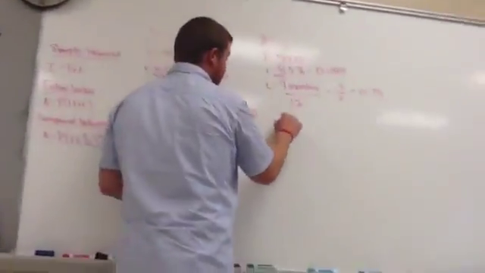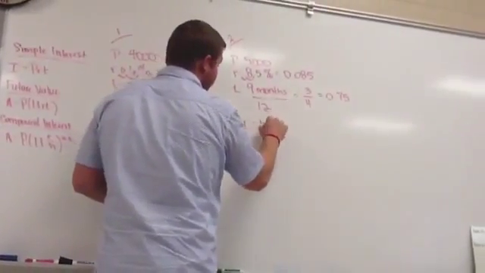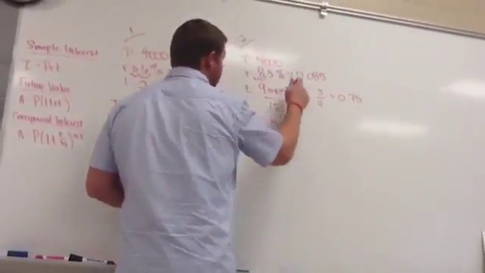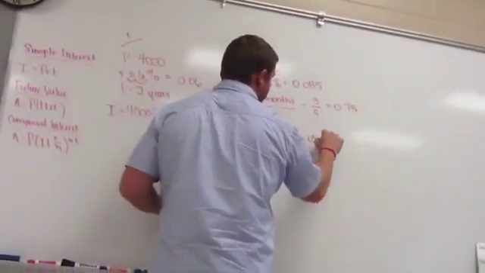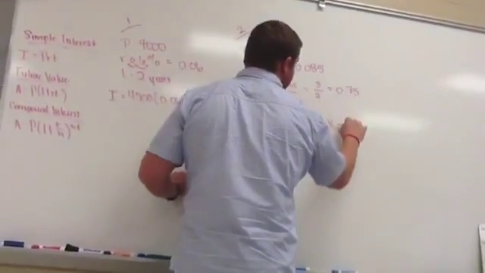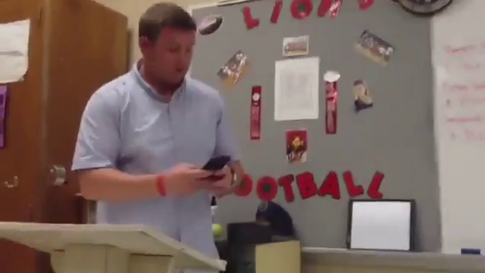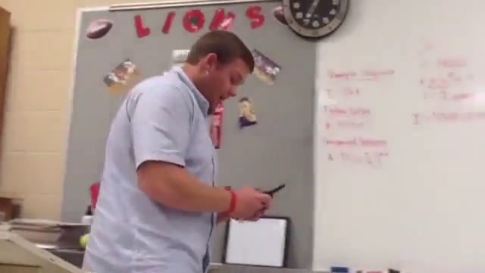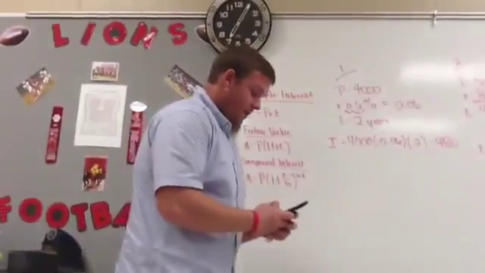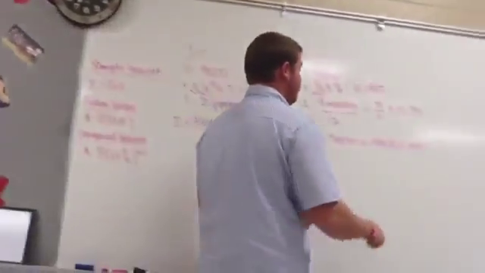So I say the interest is 5,000 times the rate, which is 0.085, times the time, which is 0.75. So we've got 5,000 times 0.085 times 0.75. So 318.75.